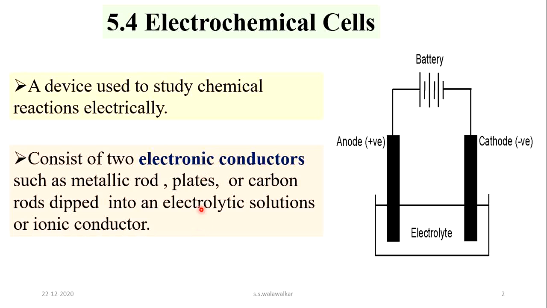So this difference we have already studied. So an electrochemical cell is a device in which two electronic conductors such as metal plates are dipped in an electrolytic solution. That means electronic conductors are dipped in an ionic conductor.